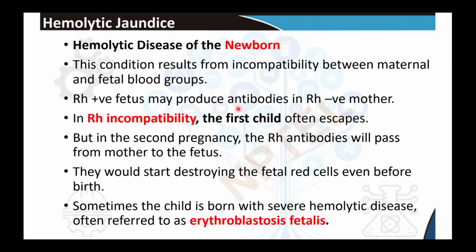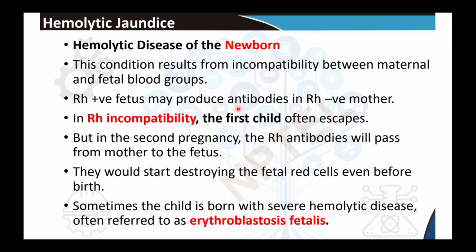So hemolytic jaundice, it's a hemolytic disease of the newborn, and it actually is caused due to erythroblastosis fetalis. So we have two types of blood type, Rh positive and Rh negative, right?